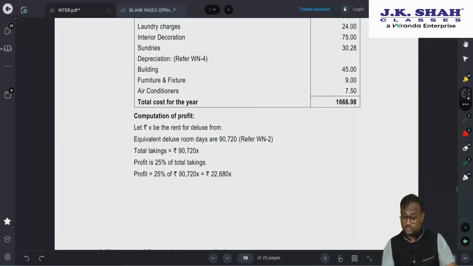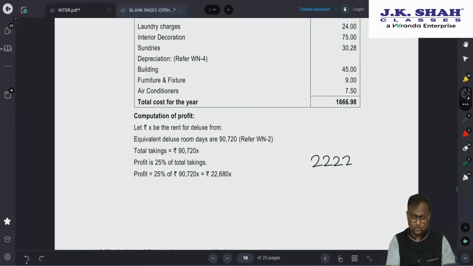They have a cost of 1666.98. $1,666.98 is the cost in lakhs. $1,666.98 divided by 75%, since profit is 25% on sales. So your revenue should be 2222.64.